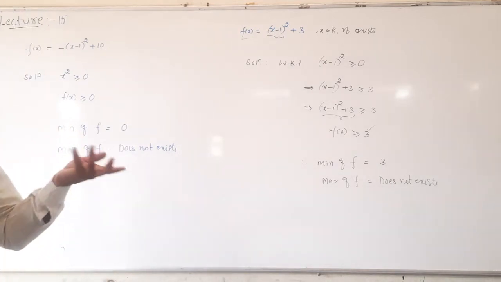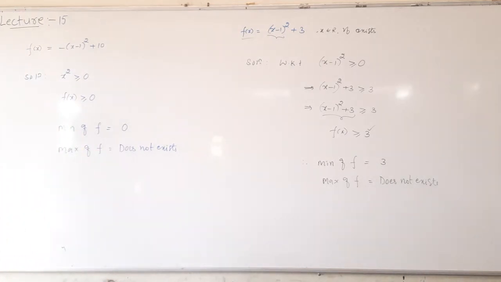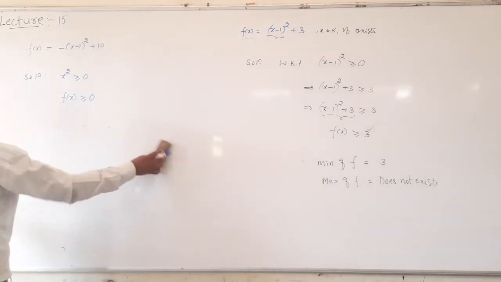If both exist, then find the maximum as well as the minimum value. If it does not exist, then simply write does not exist, right?